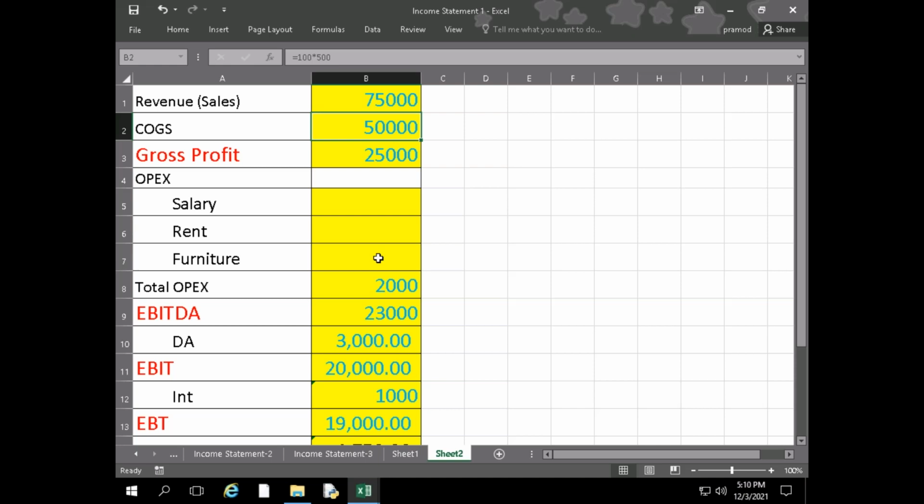COGS is 100 into 500, that is 50,000. Correct. Gross profit should be 25,000. So rent, staff salary and marketing expenditures all together is 2000. Then gross profit minus 2000 is 23,000.